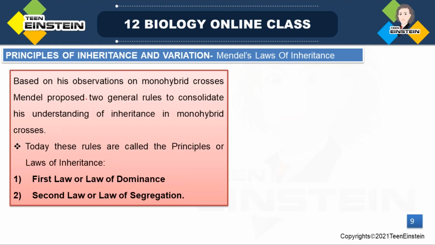Next, based on all these observations on monohybrid crosses, Mendel proposed two general rules to consolidate his understanding of inheritance. Based on all these experiments, Mendel proposed two laws, which are called principles of inheritance or laws of inheritance.